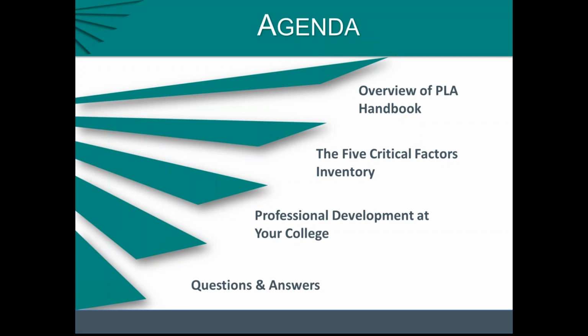I do not expect that you have had a chance to look at this yet, but this will give you an orientation to it, and that way you'll be able to review it before the February meeting of Achieving the Dream and the Resiliency Consortium. We're also going to look at a little bit more on the 5 critical factors inventory and focus mostly on professional development at your college, and then give you some chances for questions and answers.